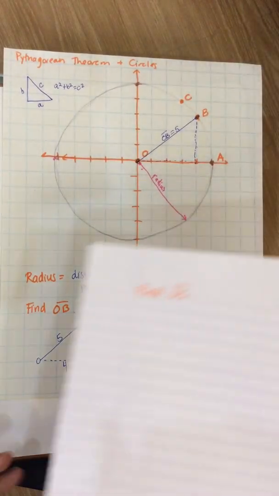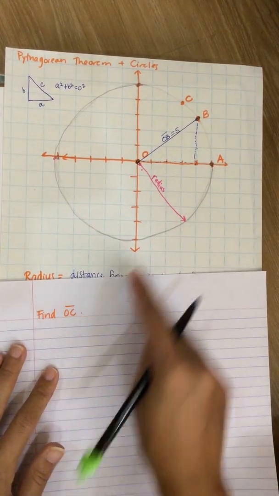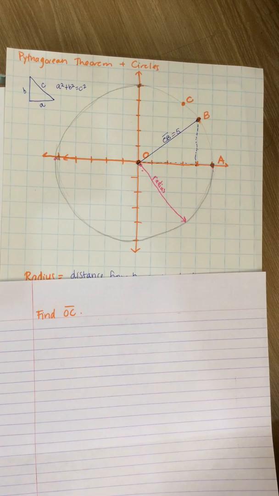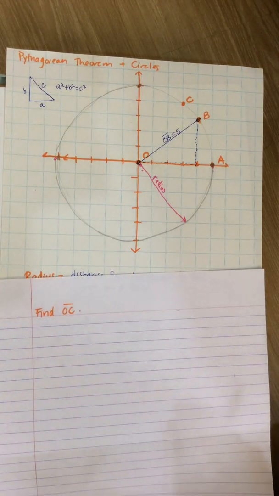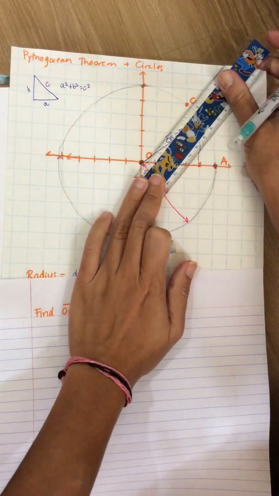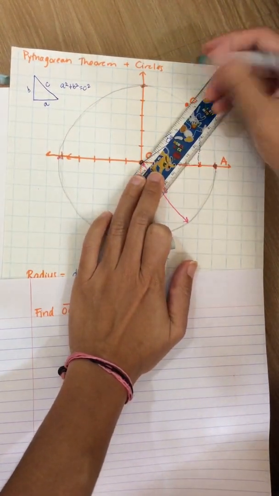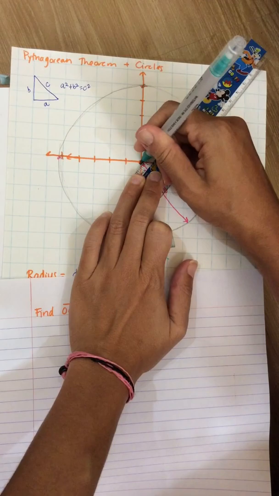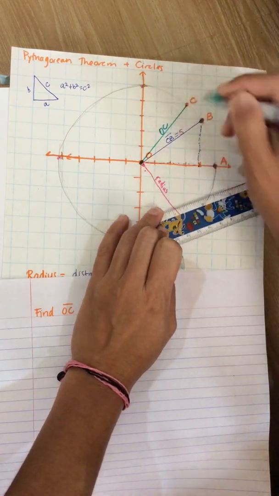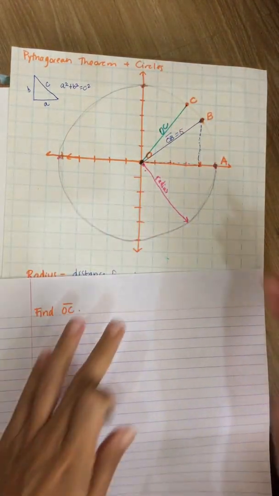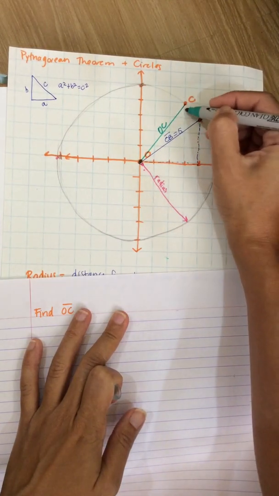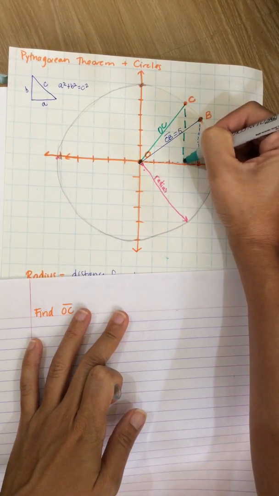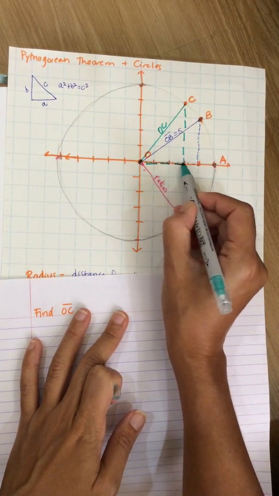Let's try another one. What if it asks us to find OC? Let me get a different color. Here's O. There's C. Let's connect it. This is going to be OC. I know I can make this a triangle by going down like this and over like that.